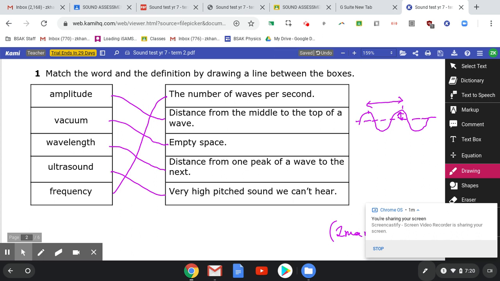Ultrasound is a frequency that we can't hear, and it's above 20,000 hertz, and that will be useful later on in the test. And frequency is the number of waves that pass per second. So just imagine water waves and how many waves pass a particular point in 1 second.